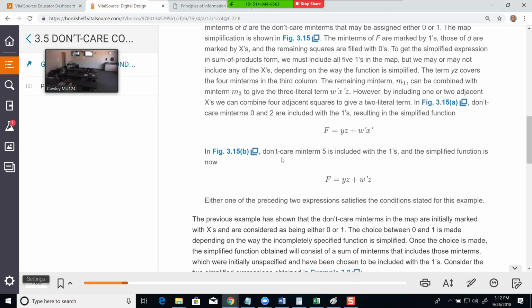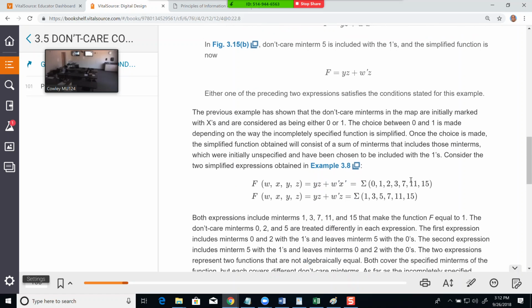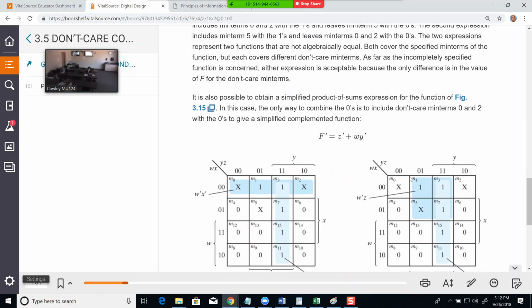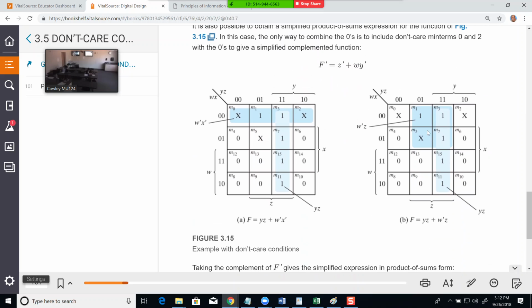Okay, and B. It says the don't care minterm 5 is included with the 1s. So this X that we ignored here, see how our grouping is such that we grouped it with these 4 together? And then this column here, we grouped these 4 together. Well, obviously this column here is YZ.